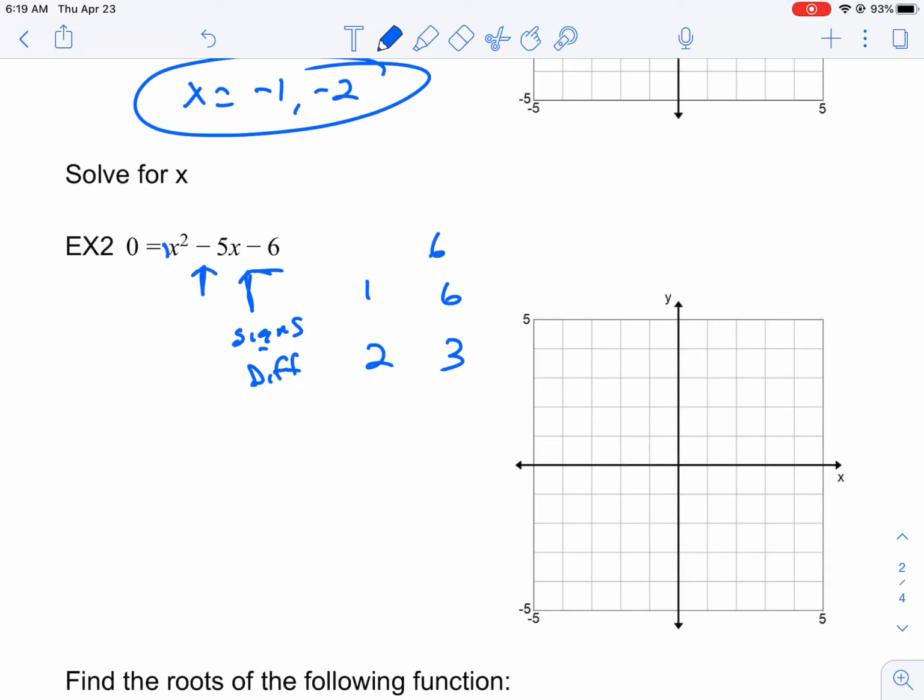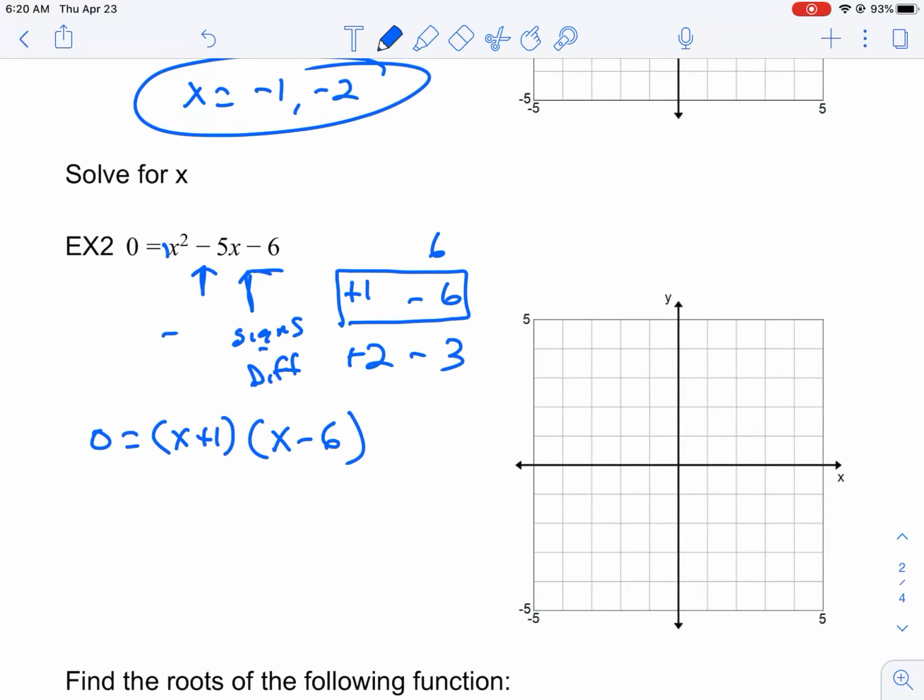And then this middle term tells us which one is larger. The larger one is negative. So let's give the negative signs to the larger ones, positive to the lower ones. And which two give me negative 5? Right here. So 0 equals x plus 1, x minus 6.